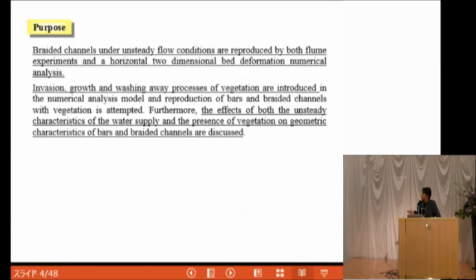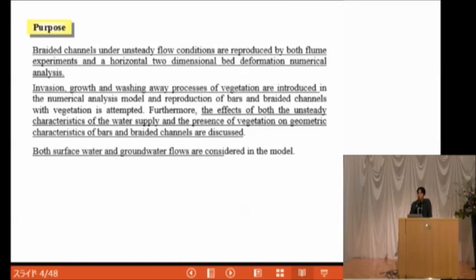We discuss the effect of both the unsteady characteristics of the water supply and the presence of the vegetation on the geometric characteristics of the bed and the braided channel. In the model, we also consider the groundwater, because the groundwater affects the shape of the dry-bed area very well.